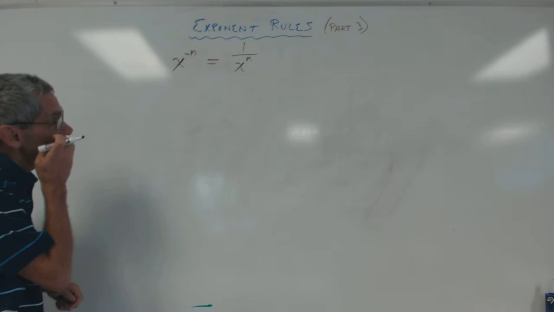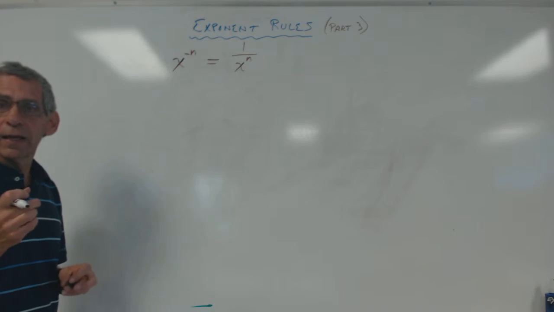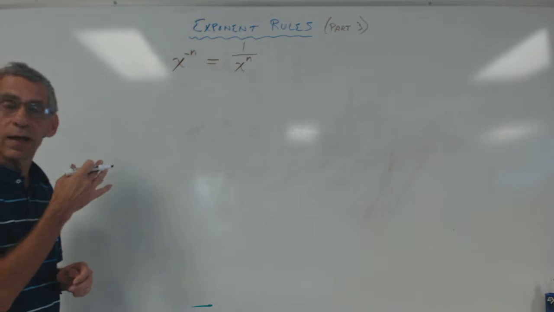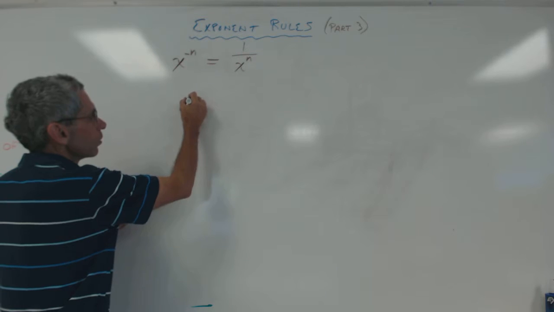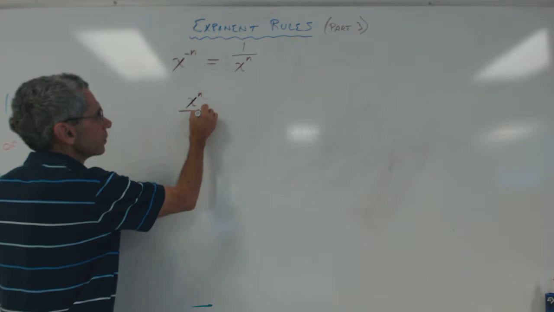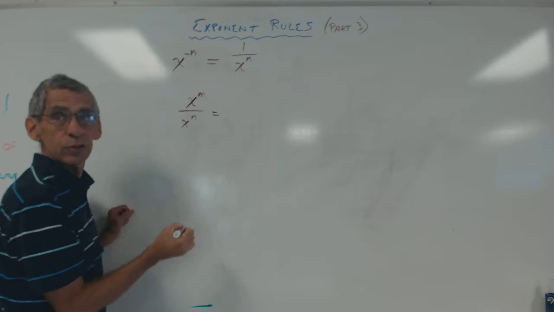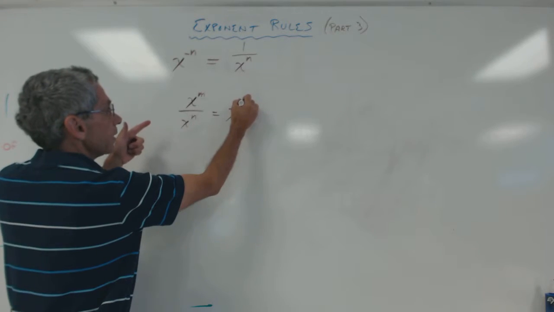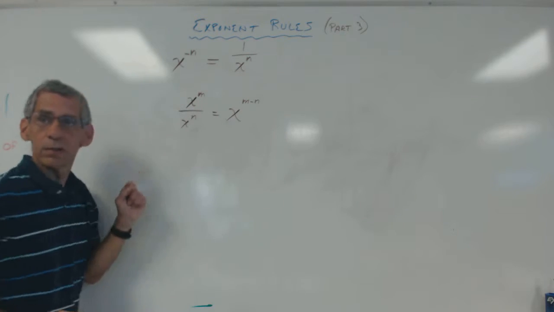Let me give you an example of where this might come up, not in real life, but in a problem. Remember this rule: x to the m over x to the n is equal to x to the m minus n, same bases.